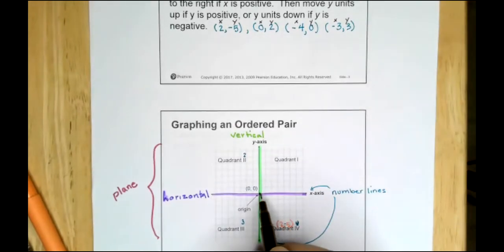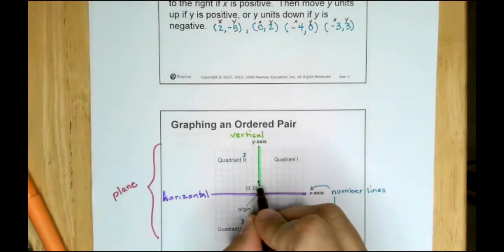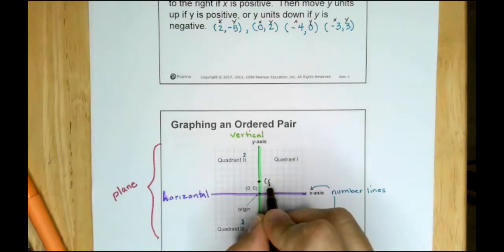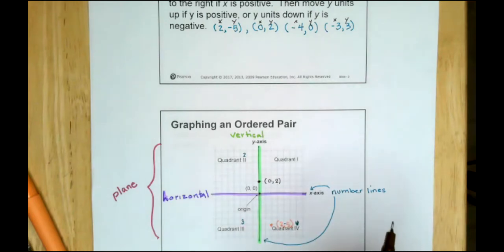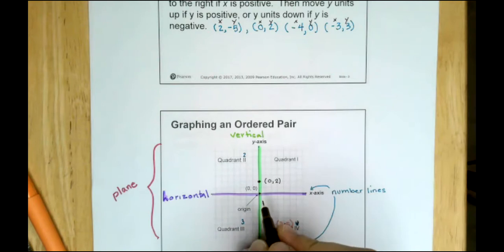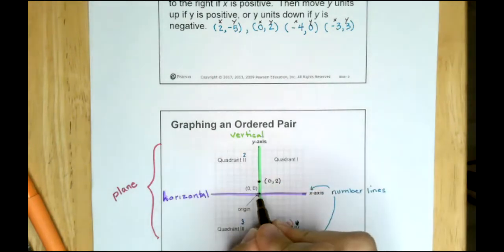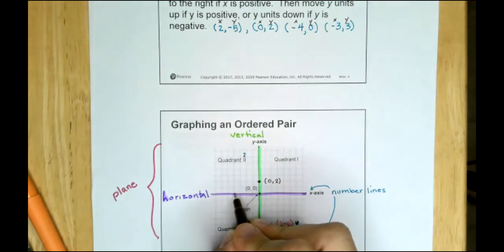Okay, x is 2, y is -5. And then I labeled it (2, -5). All right, x is 0, so I don't move left or right. y is 2. (0, 2). Okay. x is -4, so I go 4 to the left. 1, 2, and then y is 0, so I don't go up or down at all.